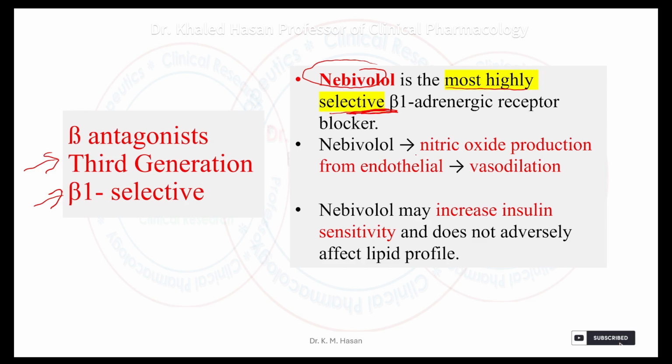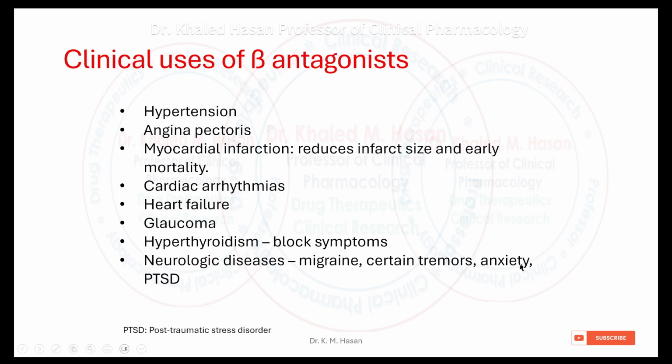Nebivolol increases the release of nitric oxide, and this leads to vasodilation. Some studies found that nebivolol increases sensitivity to insulin and may cause a risk of hypoglycemia, and there is no effect on lipids in patients with hyperlipidemia.